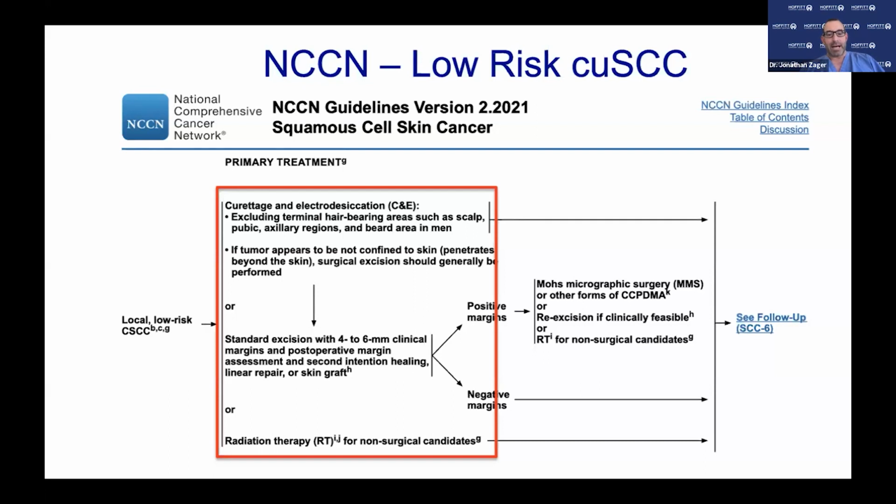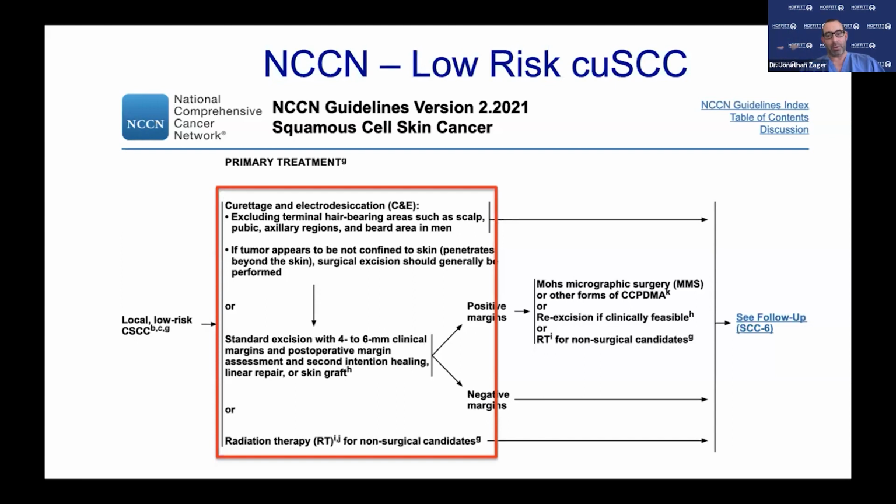And if the tumor does not appear to be confined to the skin, really we should go to surgical resection. Or what we usually do is a standard excision with about 4 millimeter margins. You can also do Mohs surgery, where you get that done by a Mohs surgeon, usually in the dermatologist's office, that decreases the amount of skin that we take.